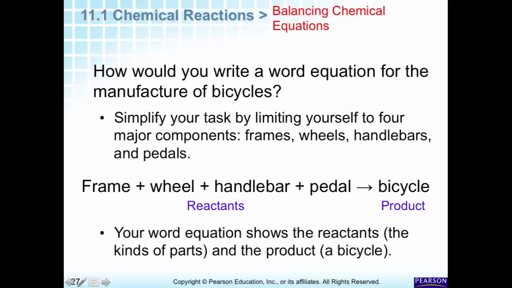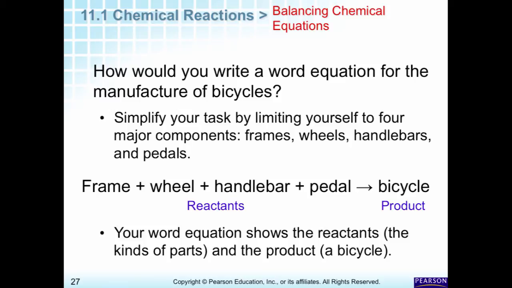Let's take this from something that's not chemicals for now, and say you are a bicycle manufacturer. A lot of times people will say, why do I need to know this? There are going to be times in your life, in your job, where you're going to have to decide how many things you need to make something.